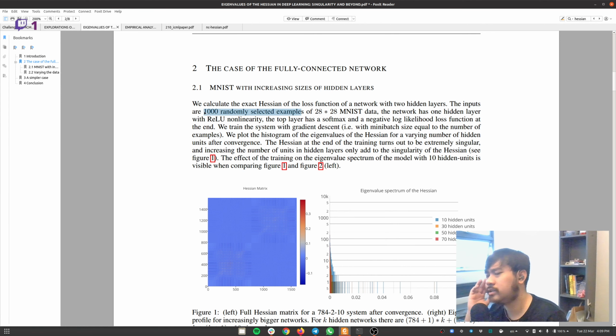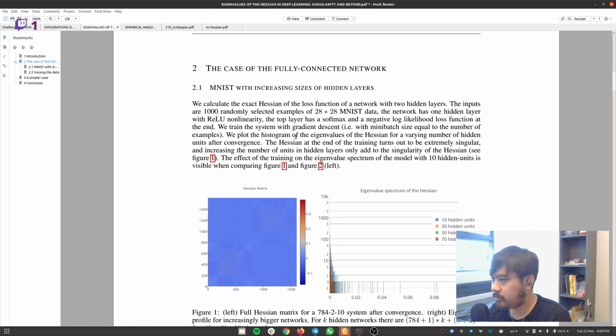I don't understand. The inputs are, does this mean that we are not using the full MNIST data, or that at every pass we only use 1000? I don't know. But okay, not so important, I suppose.